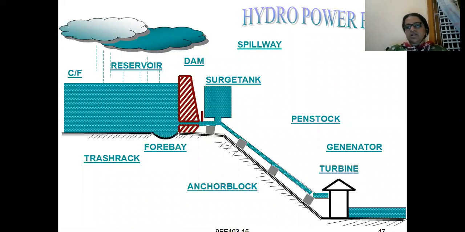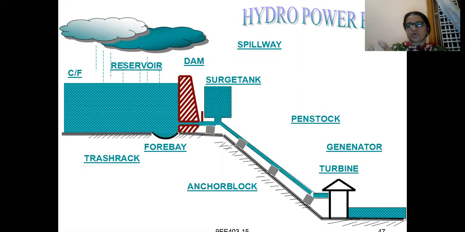Immediately then, water should come out from the reservoir and enter the dam. During midnight, you don't require any electricity; there is no requirement of electricity. Then what should happen? The water level in the dam should be reduced.